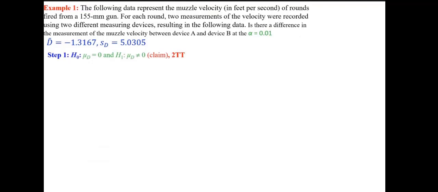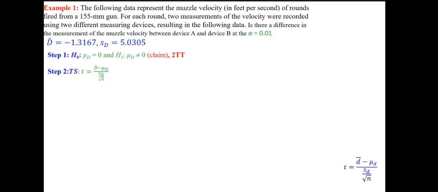The next step is to calculate the test statistic. T equals D bar minus mu sub D over S sub D over square root of n. Mu sub D comes from H0 always, and therefore it's 0 for us, or at least in this course.